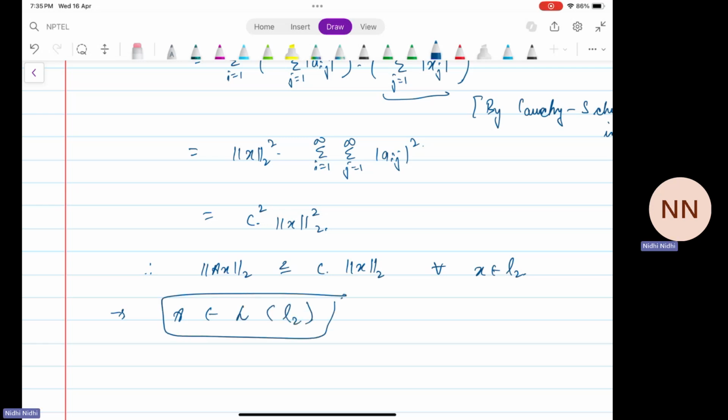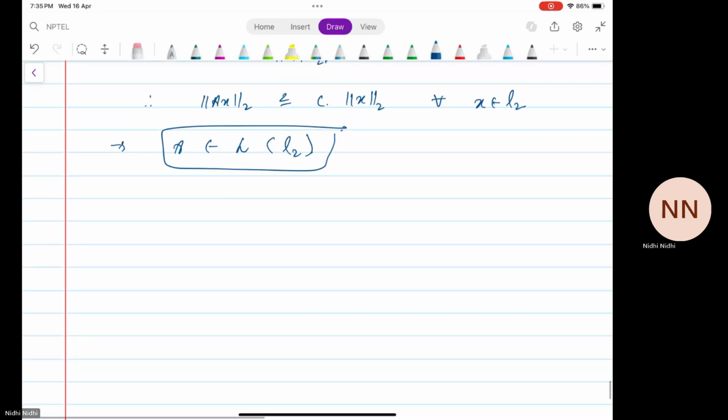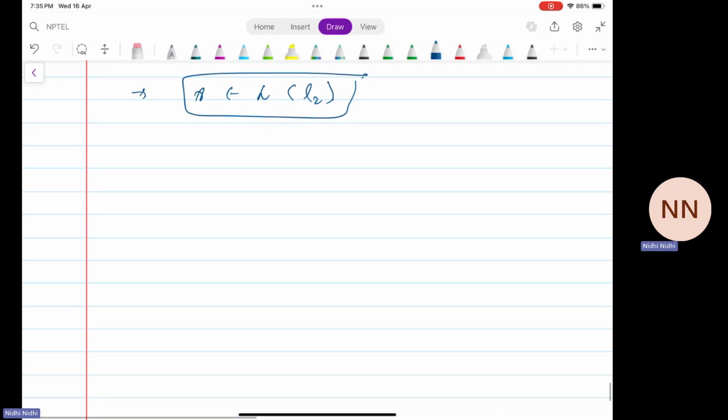Next, we will show that this is a compact operator. We'll again construct a sequence of finite rank operators and show that it converges to A in operator norm. So we claim that this A is compact.